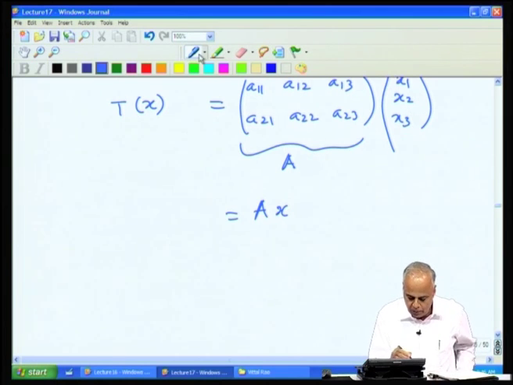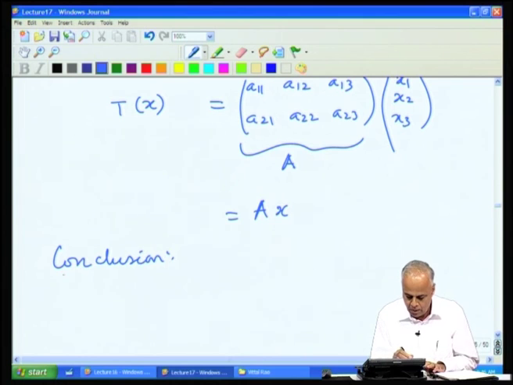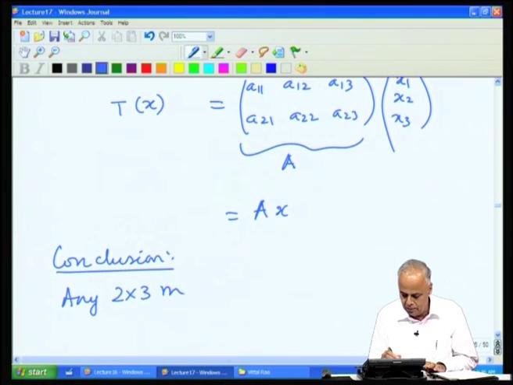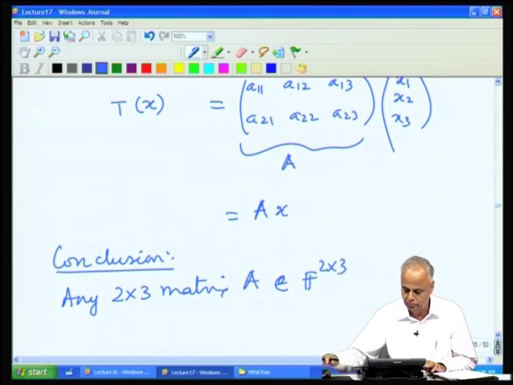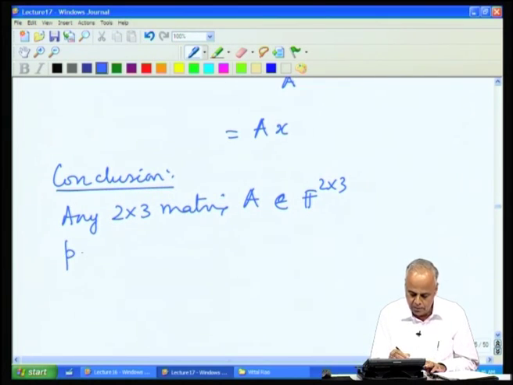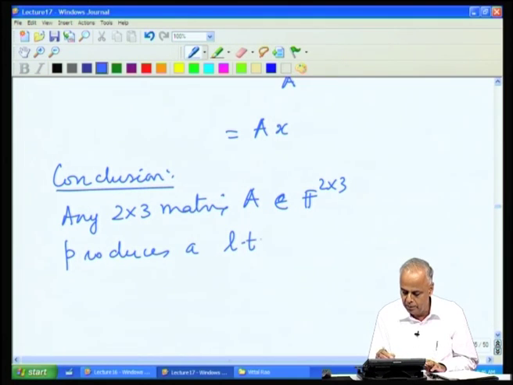So, the conclusion is that any 2 by 3 matrix A belonging to F^(2 by 3) produces a linear transformation T from F^3 to F^2.